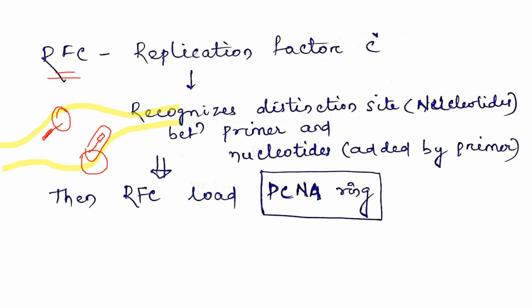So this PCNA ring will confirm the degradation of this DNA polymerase alpha. So the PCNA ring will bind here, and the rest of the process will be carried out by DNA polymerase epsilon in the case of the leading strand and DNA polymerase delta in the case of the lagging strand.